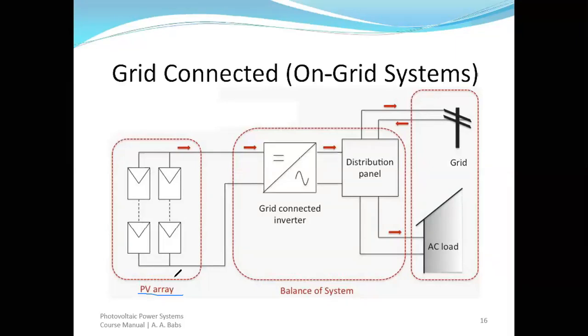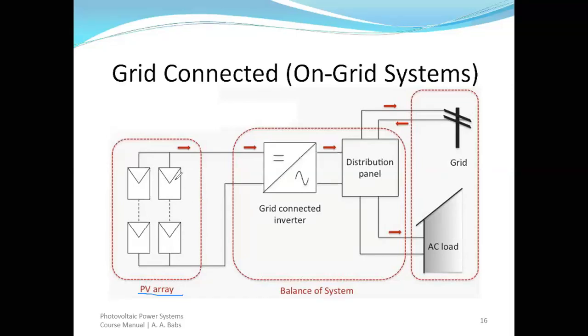When you put modules together, you have a panel or an array. It could be big or small, depending on the capacity of the PV power plant itself. It's a collection of solar modules.